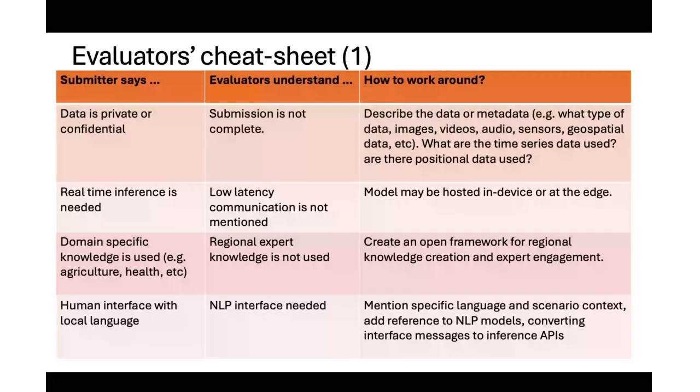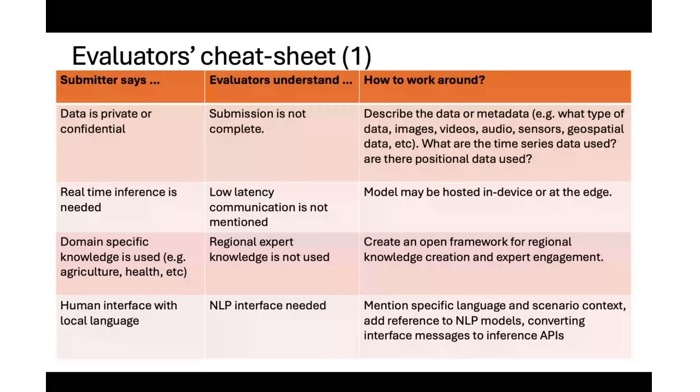So if the submitter says that data is private or confidential, what does that mean? That means that the submission is not complete. The evaluator is not able to understand what the data set is, and they have no clue about how to evaluate it at all as part of your use case.